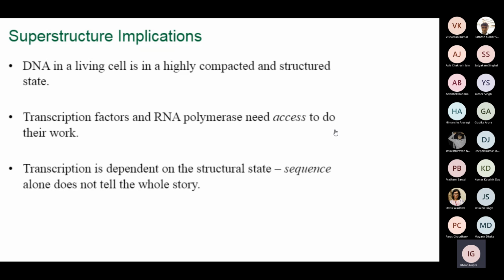Do you know where the sigma factor binds? Like how does it know where a gene lies in the genome? How does it recognize that it has to bind here on the DNA? Has anybody of you heard of the TATA box? Yes, sir.